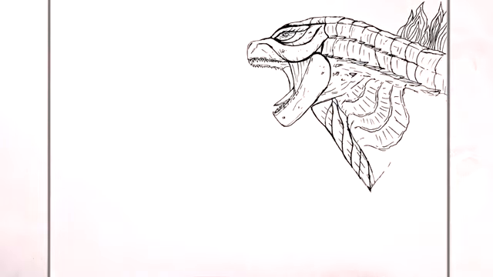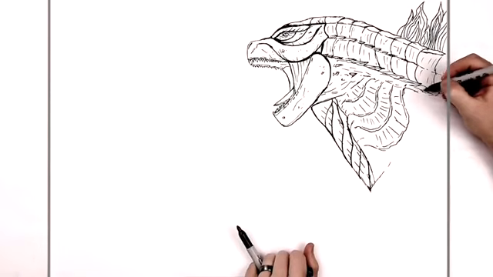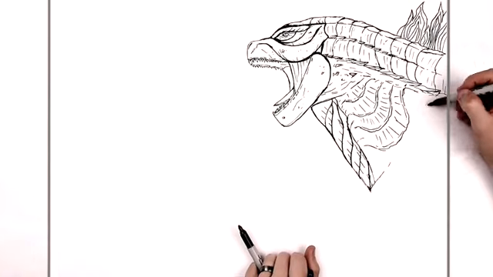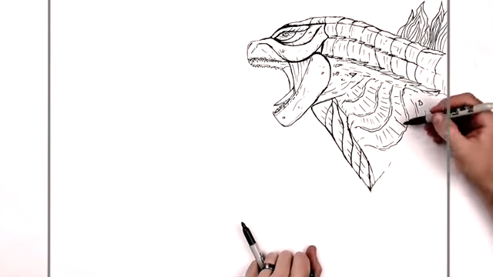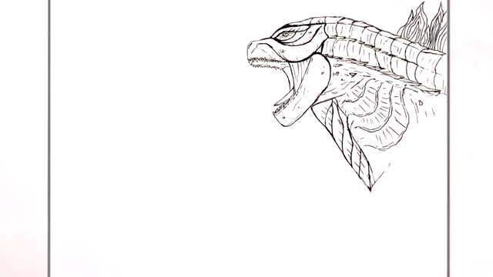Right, so how are we doing? Getting there. So more bumps and stuff coming down like so. Right, so front of his chest.